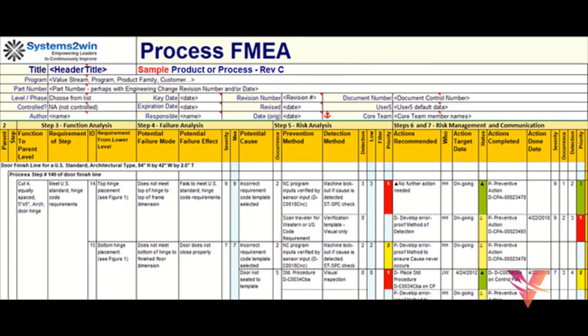I am going to use one form which lies in the middle, that is, it is not more complex and it is not as simple, but it captures everything that you need to understand as a part of getting a grip of how you might be able to use failure mode and effect analysis on your project.